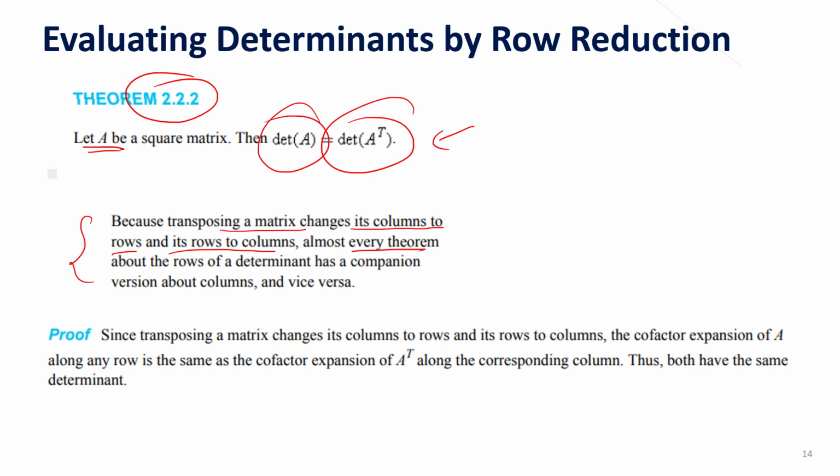Almost every theorem about rows of a determinant has a companion version about columns and vice versa. The cofactor expansion along any row is the same as the expansion of A transpose along the corresponding column. It doesn't matter whether you expand along a row or column, the determinants of both A and A transpose will have the same value.